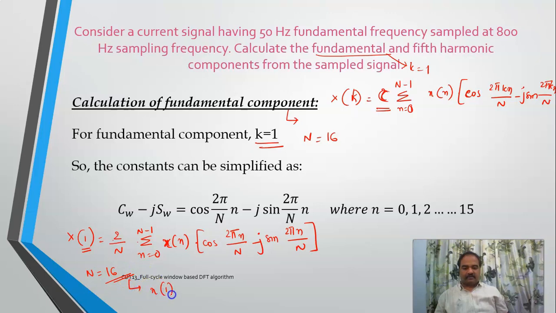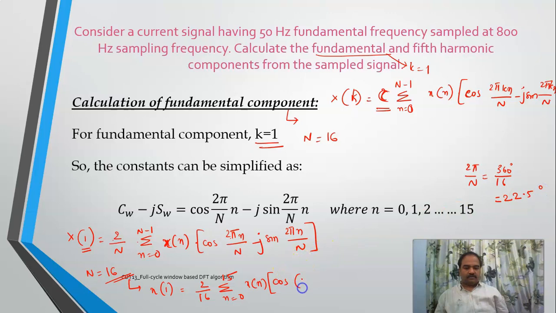This will become X of 1 is equal to 2 by 16, which is equal to 1 by 8, sigma n is equal to 0 to 15, x of n. What will this become? 2 pi by N, right? 2 pi is 360 degrees, so 2 pi by N means 360 degrees by 16, which is 22.5 degrees.